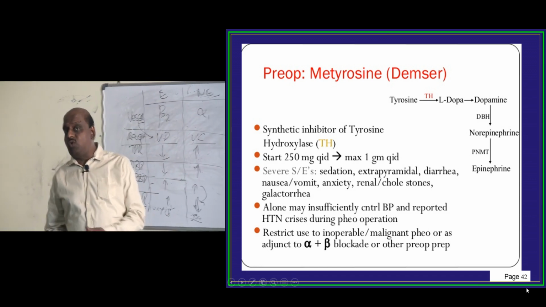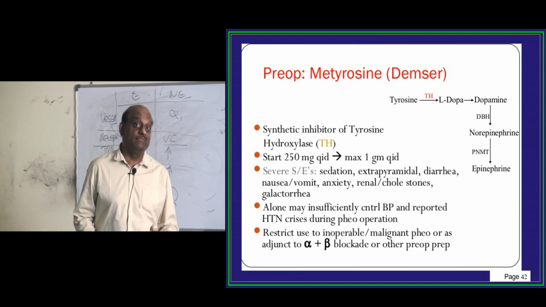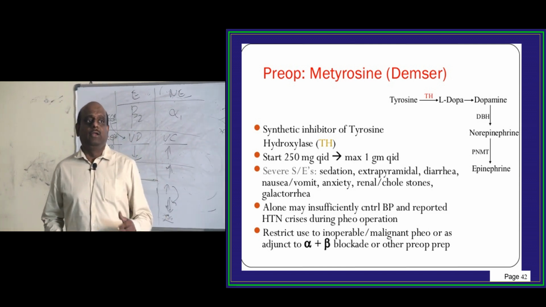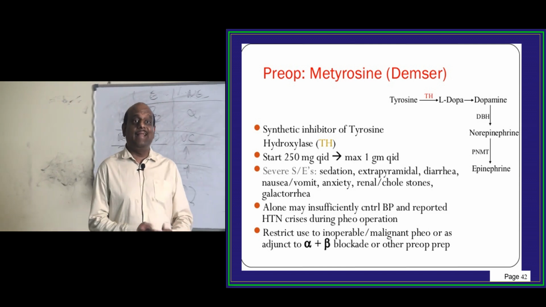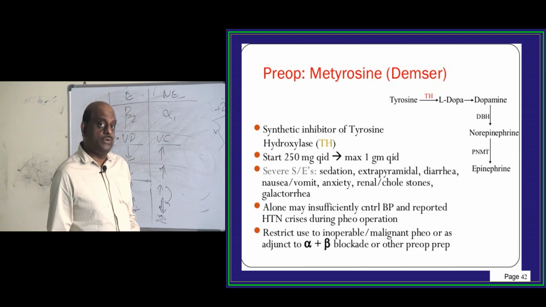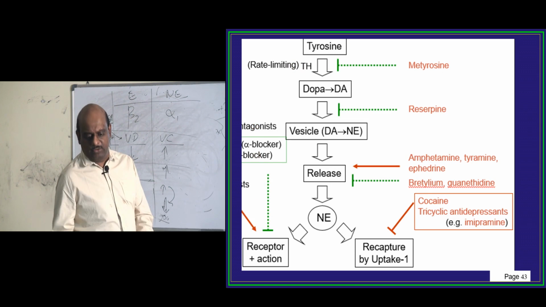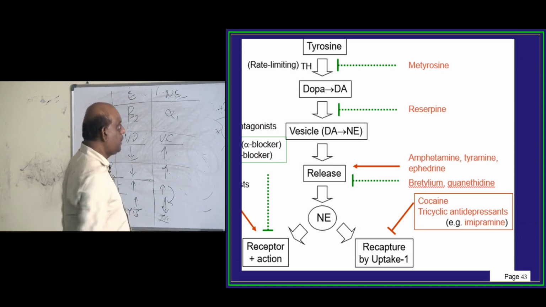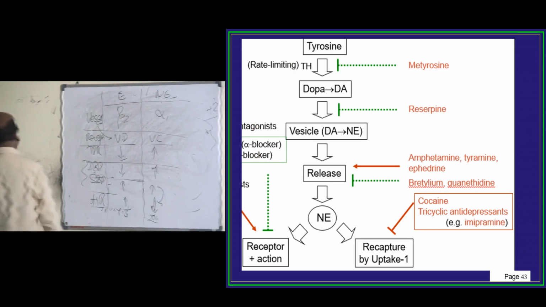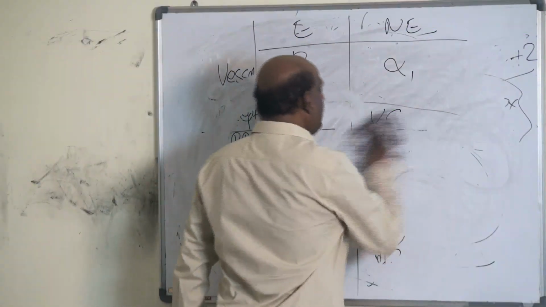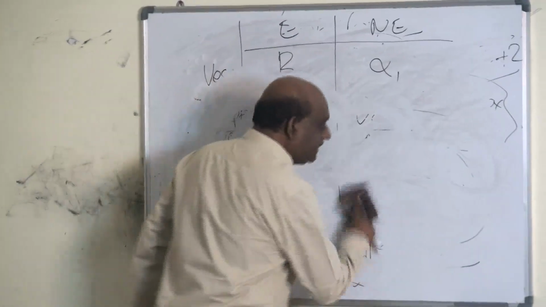So if you don't want catecholamines, like in pheochromocytoma, you want to inhibit their production, you have to inhibit the rate limiting enzyme, and that is tyrosine hydroxylase, inhibited by metyrosine, is what you need to remember. Now doc, let us be very sure on this very, very important flow in the catecholamines.